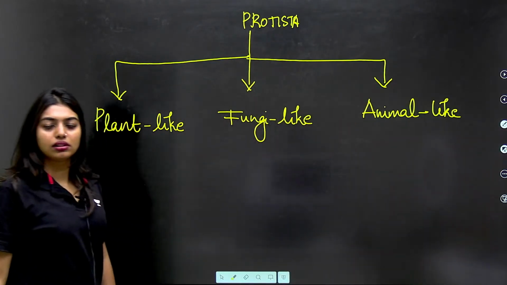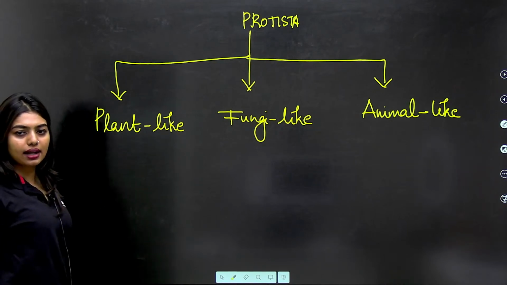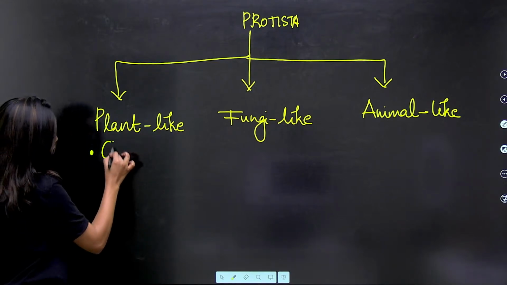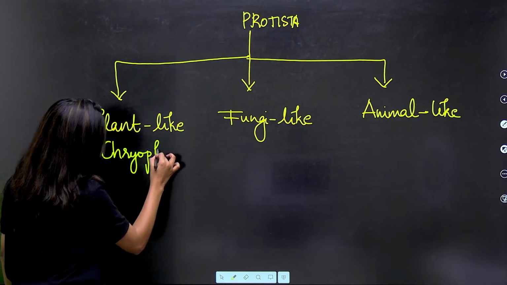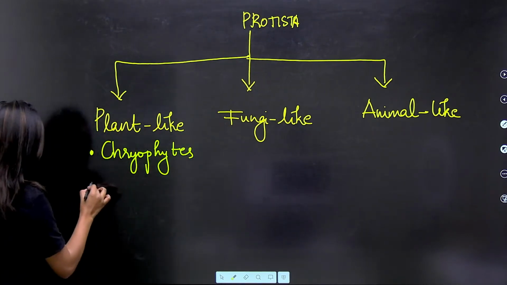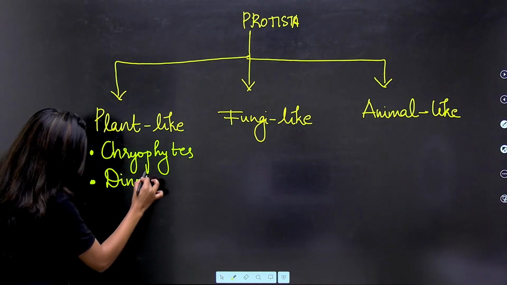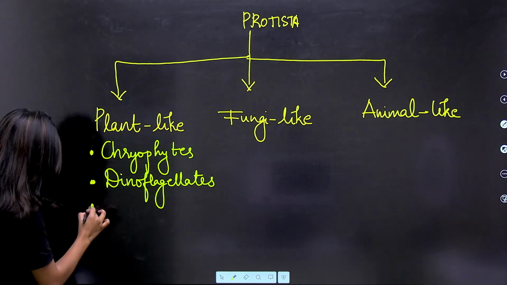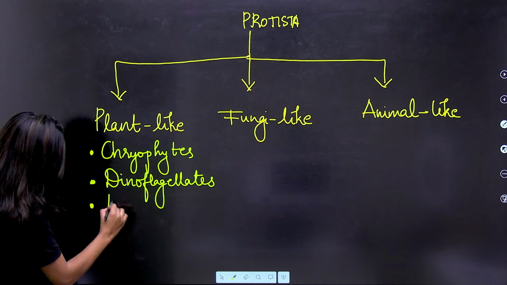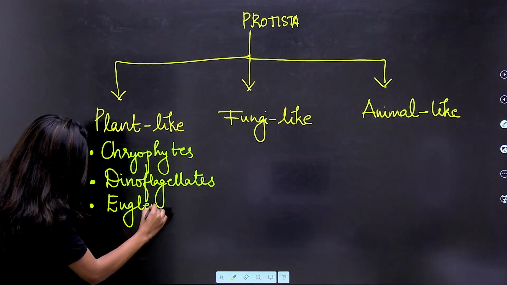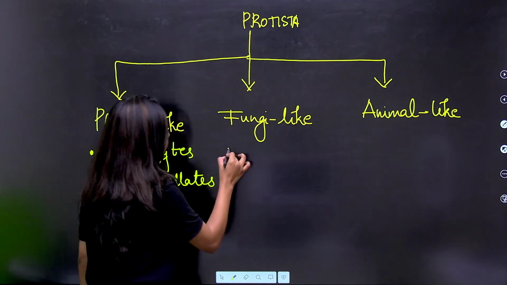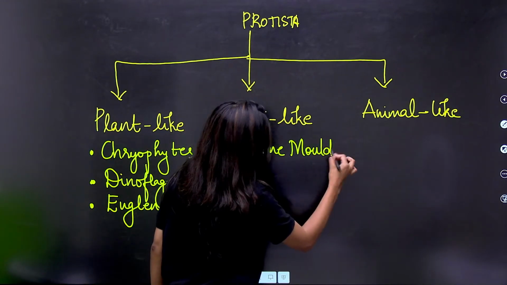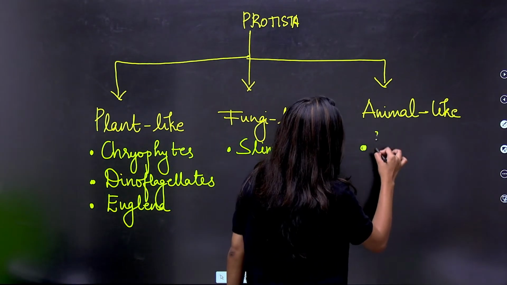Okay, plant-like we have chrysophytes. We have dinoflagellates. We have euglena. We have here slime mold. Here, animal-like, we have protozoans.